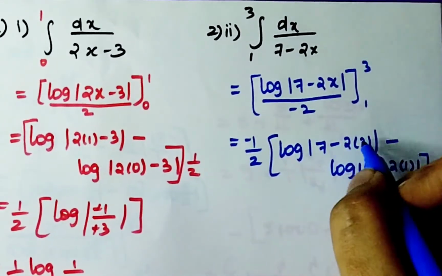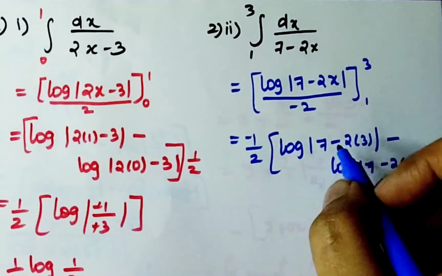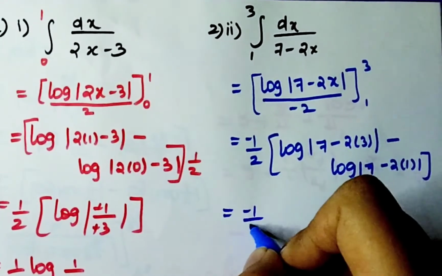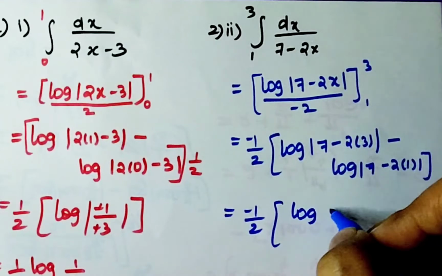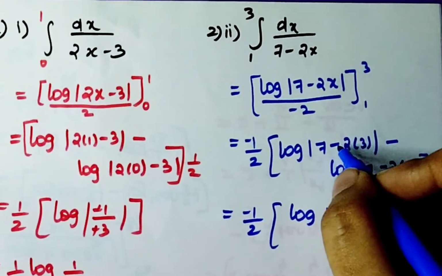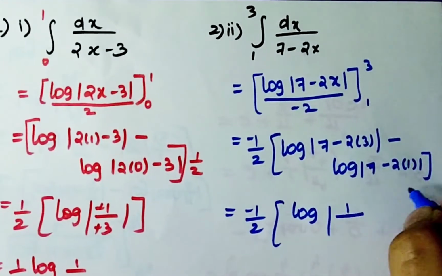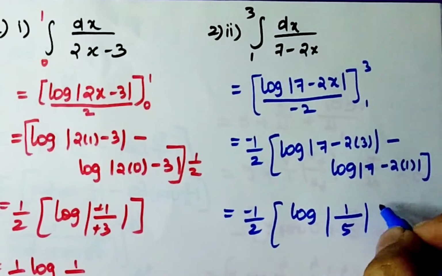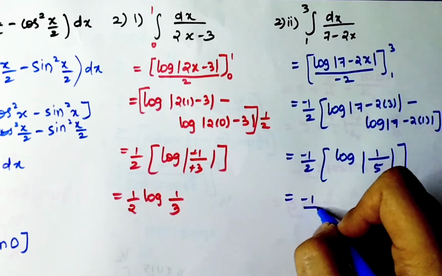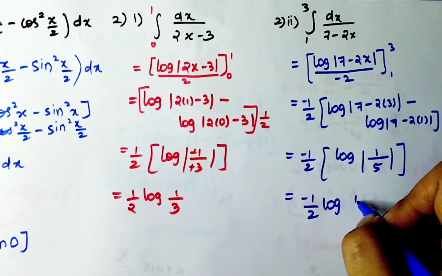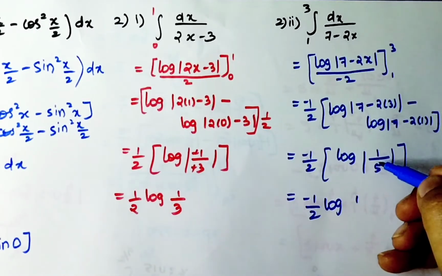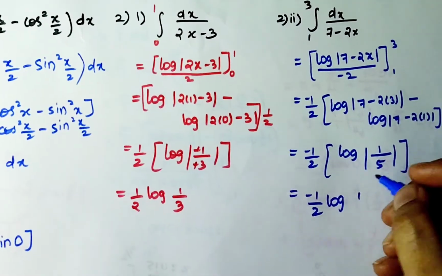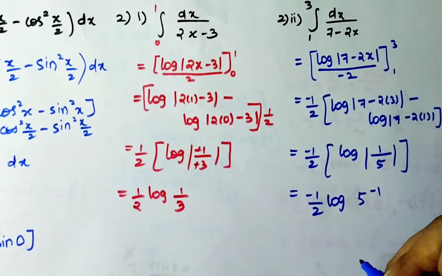Now it is of the form log m minus log n. So we write it as log of m by n, minus 1 by 2 log of 7 minus 2 3s are 6. 7 minus 6 is 1, by 2 1s are 2. So 7 minus 2 is 5. So it is minus half log 1 by 5, or we can take this 5 power 1 to the numerator as 5 power minus 1.